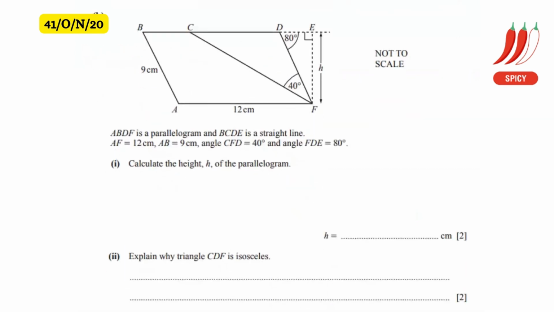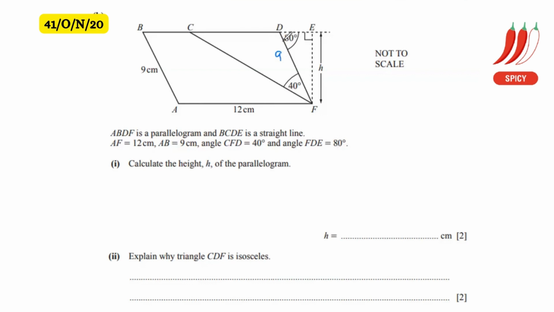Part B says ABDF is a parallelogram and BCDE is a straight line. AF is 12 centimeters, AB is 9 centimeters, angle CFD equals 40 degrees, and angle FDE is 80 degrees. Calculate the height of the parallelogram. So if AB is 9, DF is also 9.